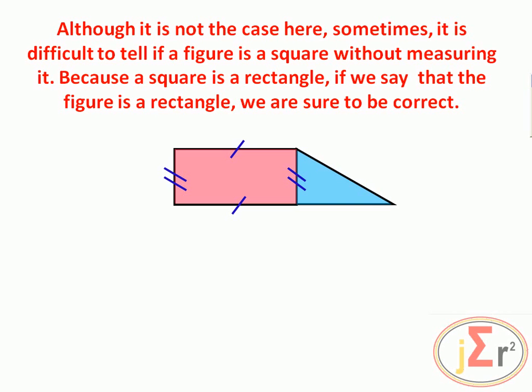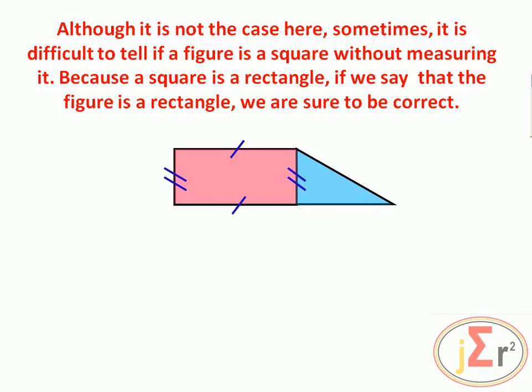So you are tempted to say that it is a square because all of the sides appear to be equal. But because a square is also a rectangle, if you call the object a rectangle, then you would still be right, even if it is a square.